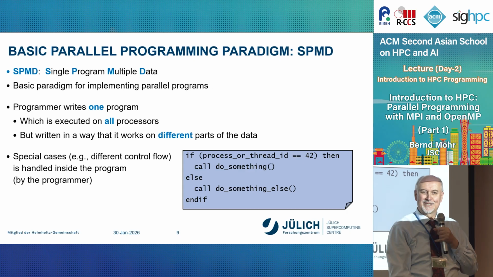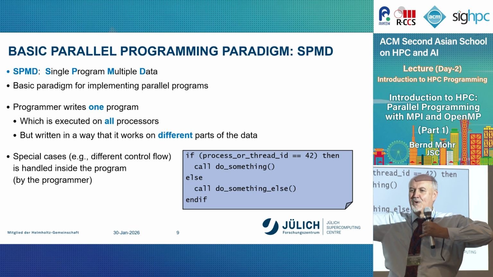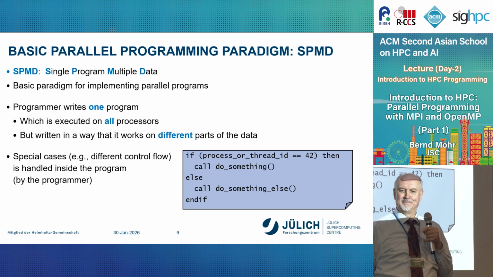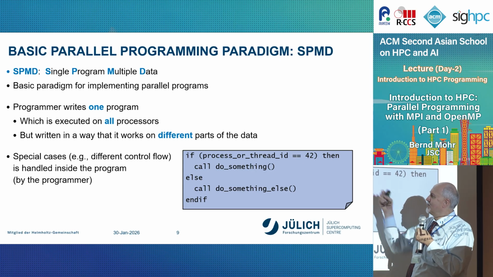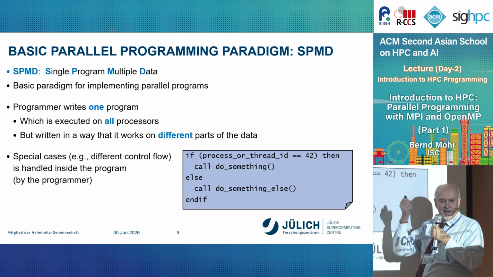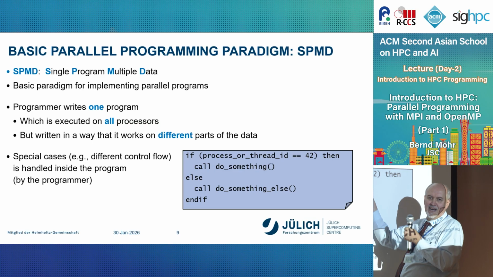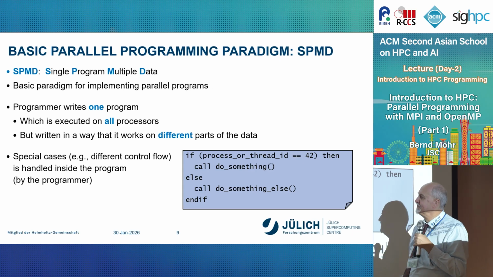The first one gets number 0, the next gets number 1, and so on. If you have 100 processes, you have processes from 0 to 99. And then there's some function in your programming model that says, if my process or thread identification is 42, then I'm doing this, otherwise I do something else. That's the basic concept.